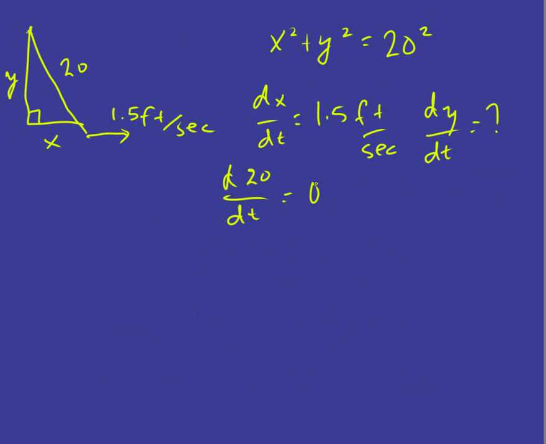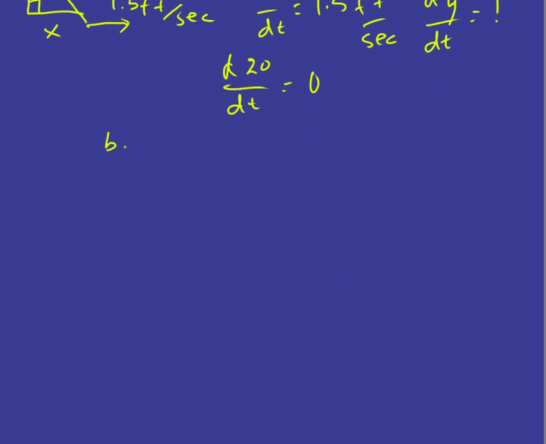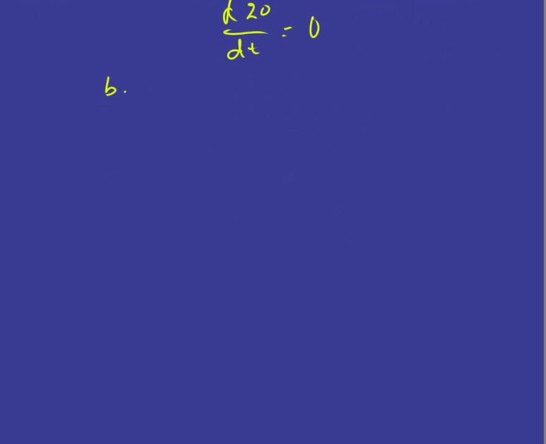So part B asks for the relationship of the rates. We have to start with the relationship of all the lengths, which is x squared plus y squared equals 20 squared.